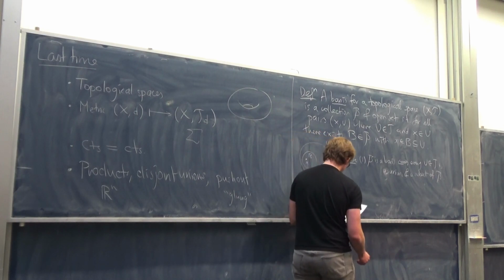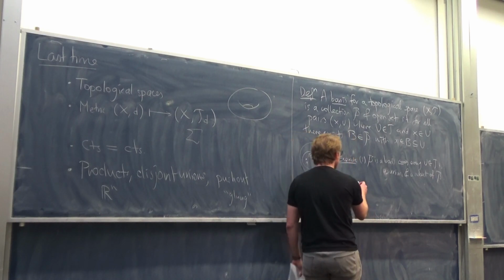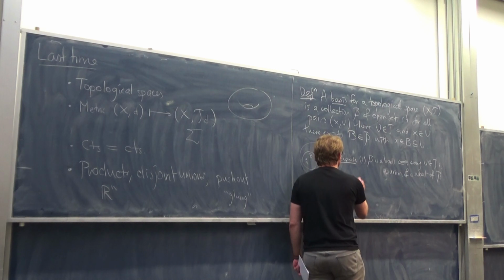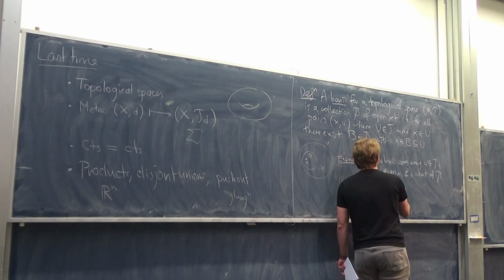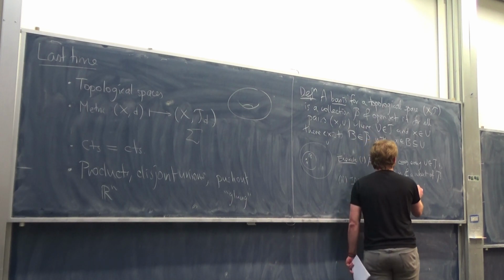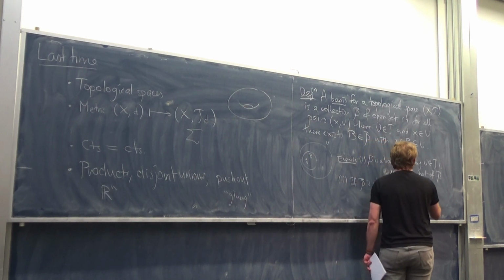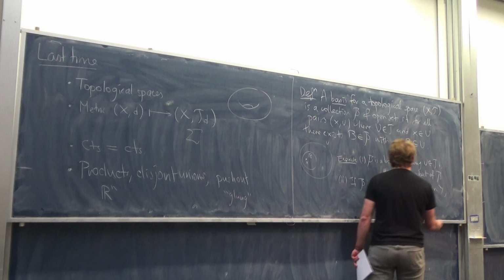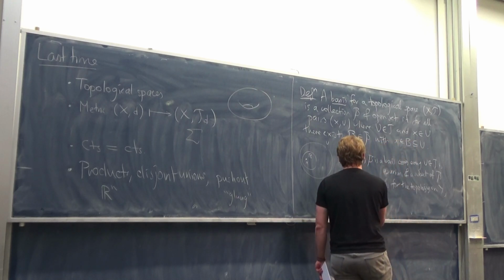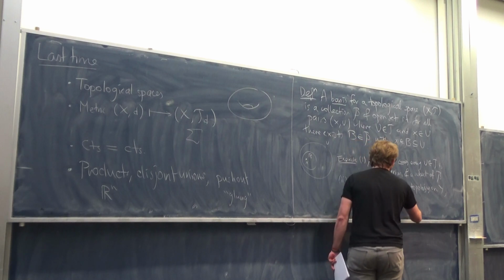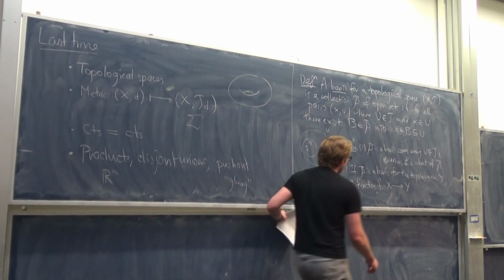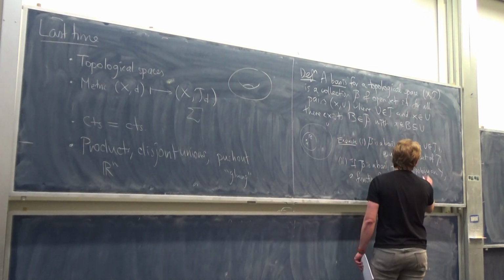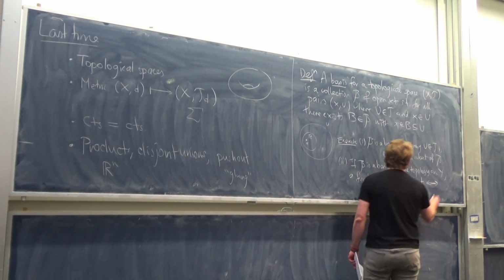Two. Oh yeah, so this we actually sort of observed last time. So if B is a basis for the topology on Y, let X be a topological space, Y is another topological space, and B is a basis, then a function from X to Y is continuous.